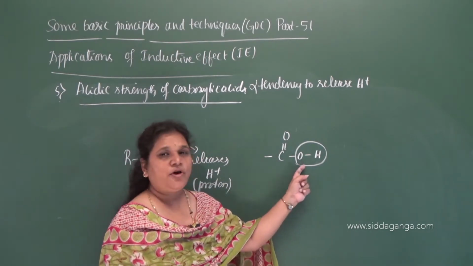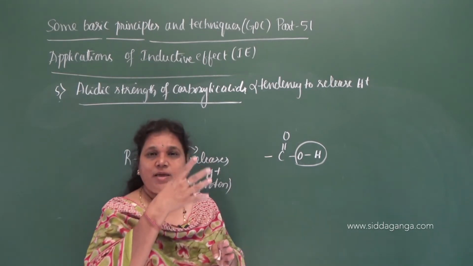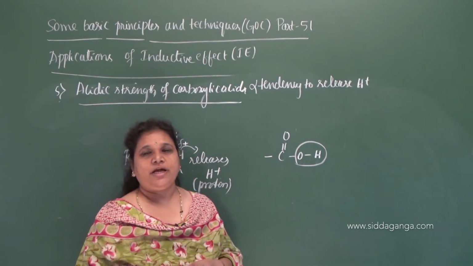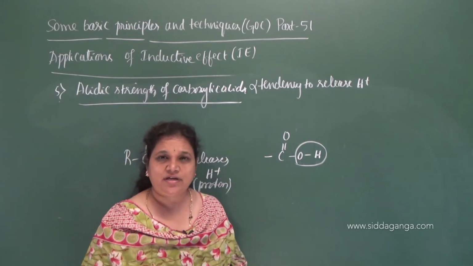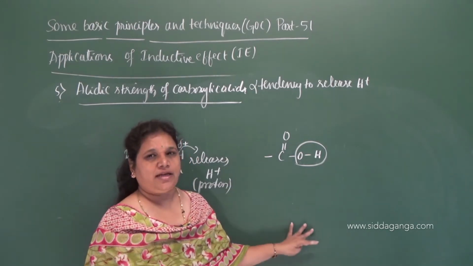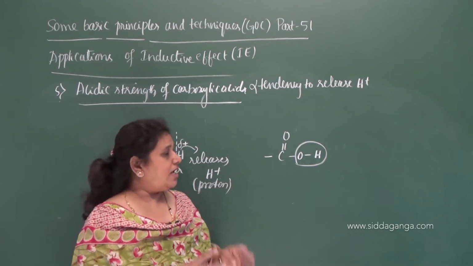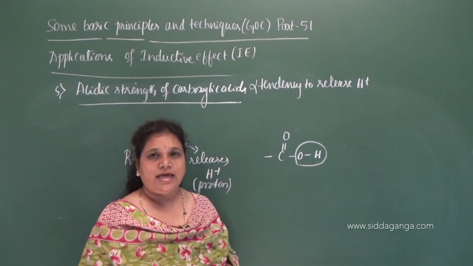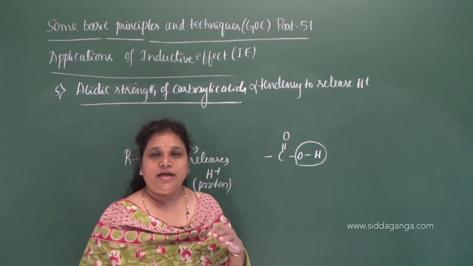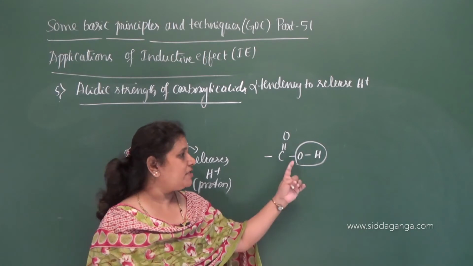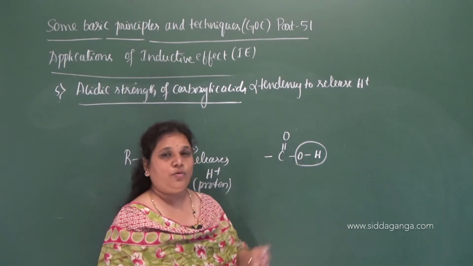If the OH bond is strong, then cleavage or the breaking of the bond becomes difficult, the release of proton is difficult, and the acidic strength decreases. So very simple, acidic strength of carboxylic acids depends on the tendency to release a proton. Tendency to release proton depends on the strength of the OH bond.